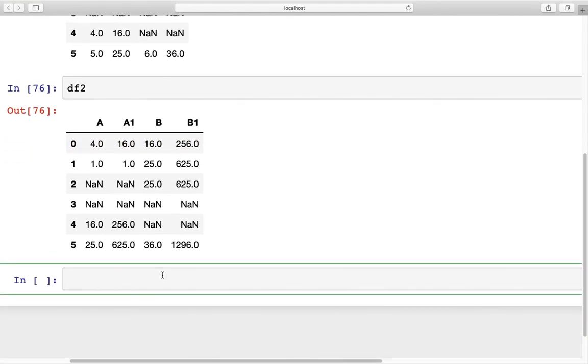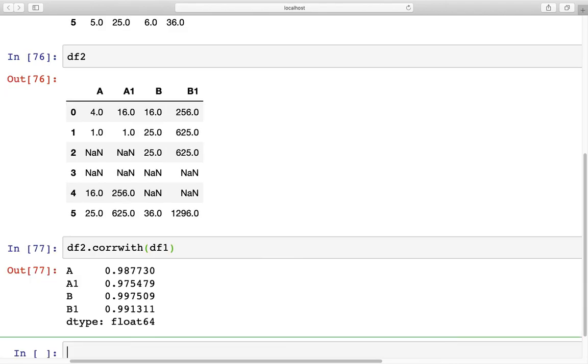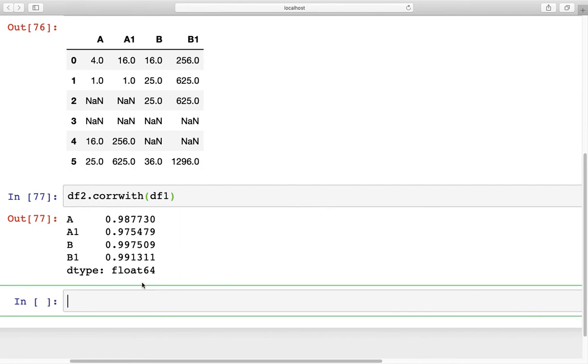To run this command, you type df2.corrwith(df1) or vice versa, and thus you get the correlation values. This would be Pearson's correlation, which is the default, between column A in data frame df2 and data frame df1. We can check that by explicitly performing the correlation.